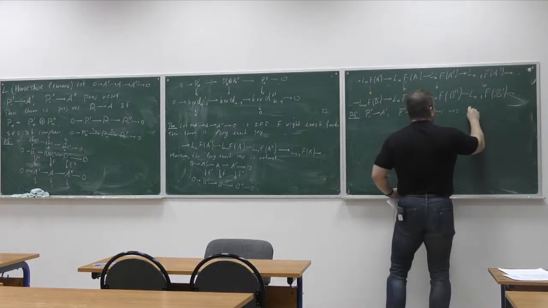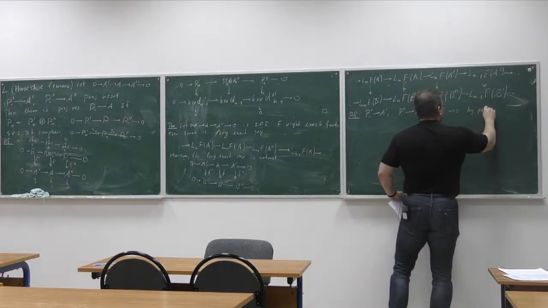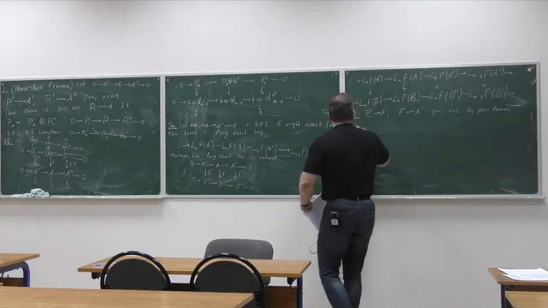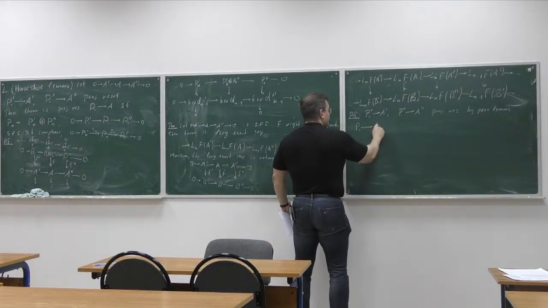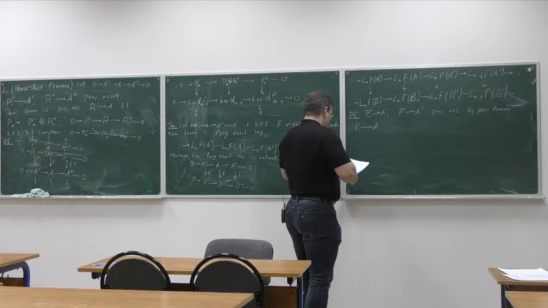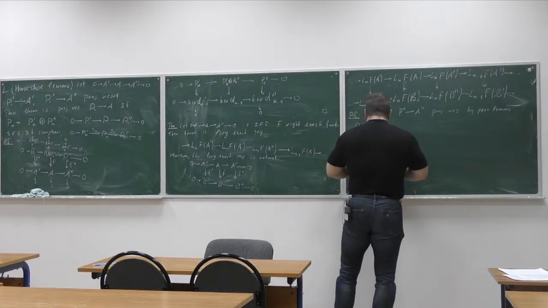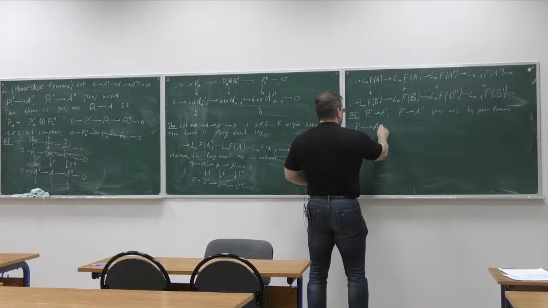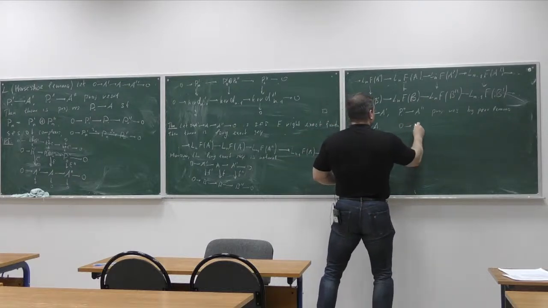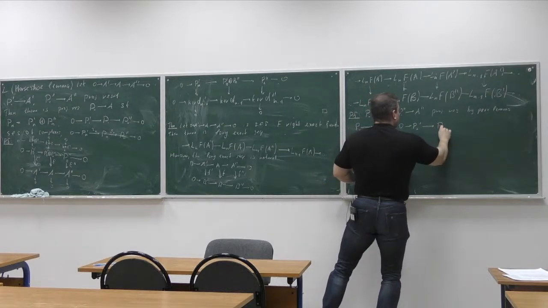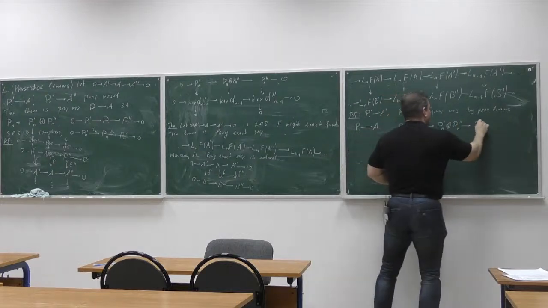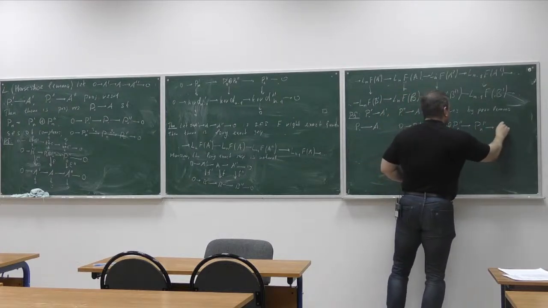Then, by the previous lemma, I'll get a projective resolution for A. So I can observe the following: in the middle, at level n, I have Pn prime plus Pn double prime, and this is mapped to Pn double prime.